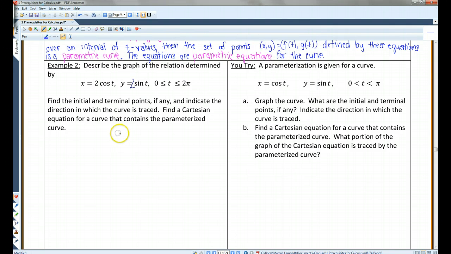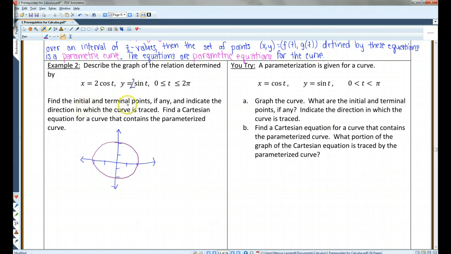So let me go ahead and draw that. Those are the straightest lines I've ever seen. Not. Okay, so there's our circle.